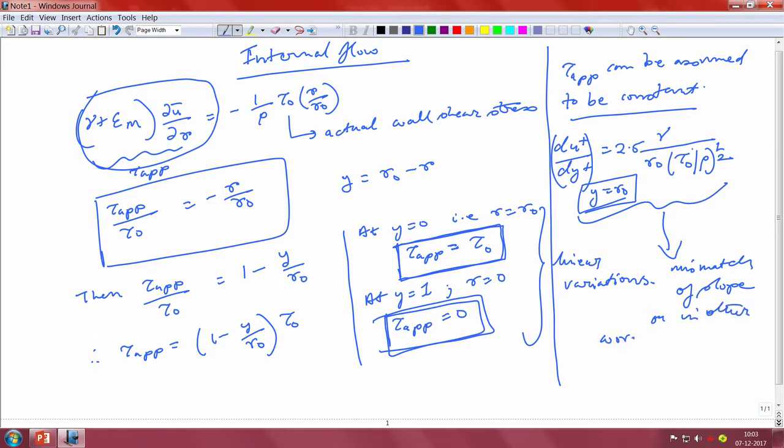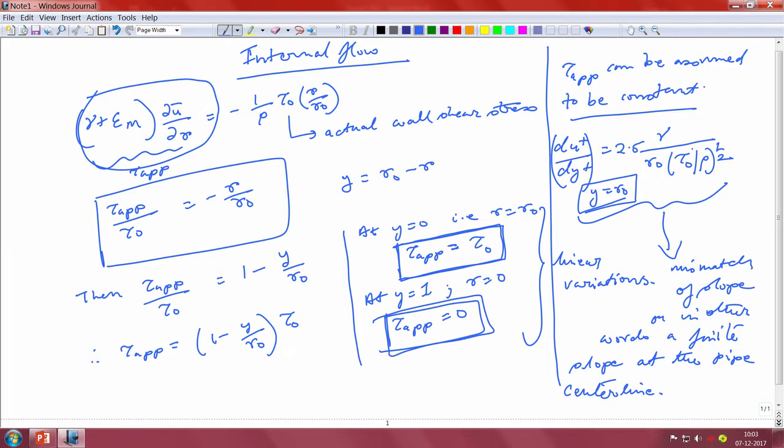So, you have a finite slope at the pipe center line.